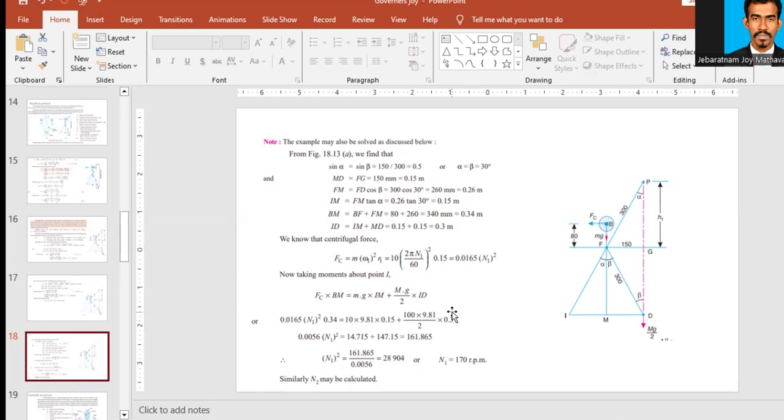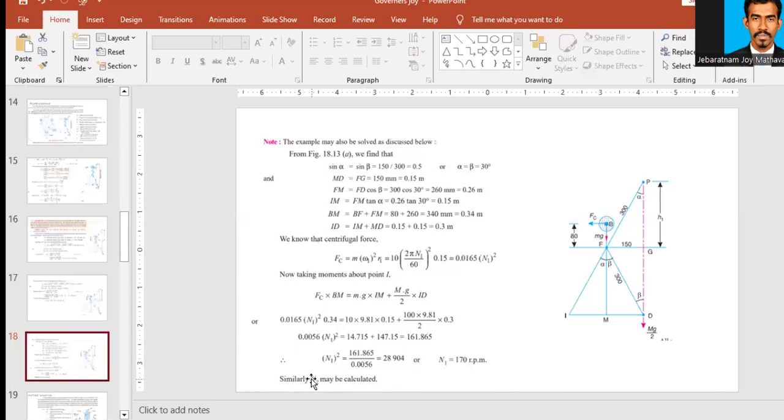So when you solve it, 0.0056 N1 squared equal to 161.865, and therefore N1 squared is equal to 161.865 divided by 0.0056, which is 28,904, and therefore N1 is equal to 170 RPM.